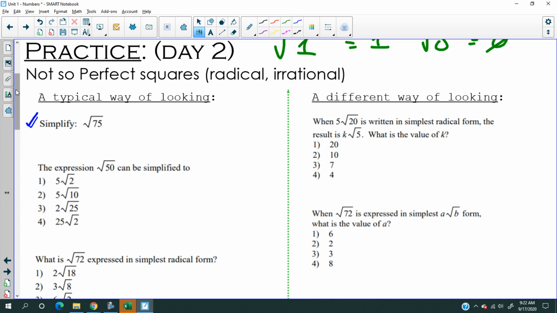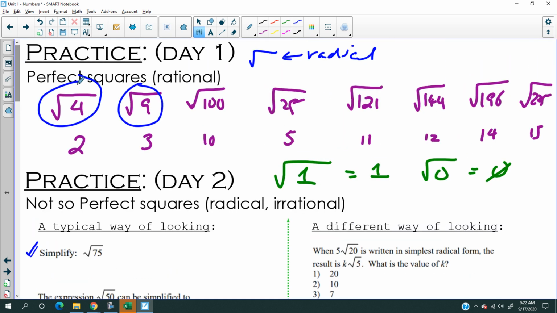The difference between yesterday and today is that yesterday, at the end of the lesson, I gave you nothing but perfect squares, meaning whole numbers that can multiply by themselves to give you the number that's inside the radical. Again, I'll say that again.